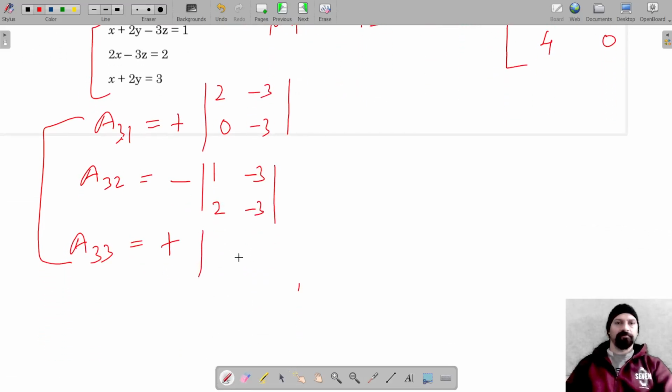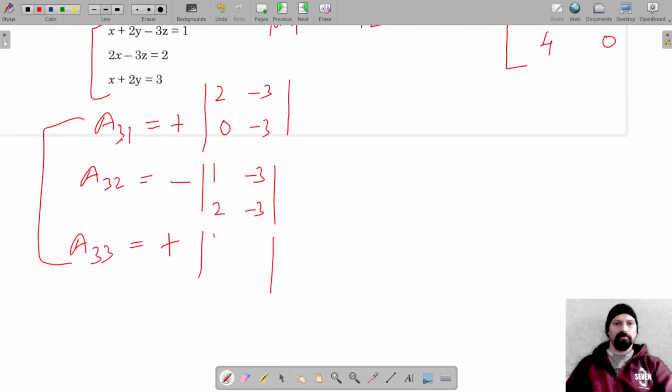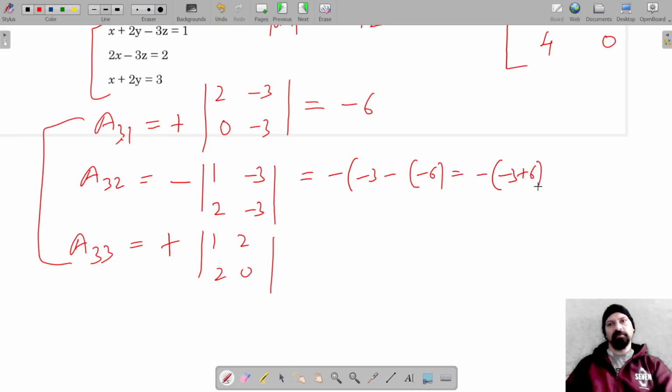Okay, for 3, 3. If you remove the row and the column for this, we are left with 1, 2, 2, 0. Okay, now it's negative 6, because 0 into 3 is 0. This is negative of negative 3 minus of minus 6, which gives me negative of minus 3 plus 6, which is equal to negative 3.